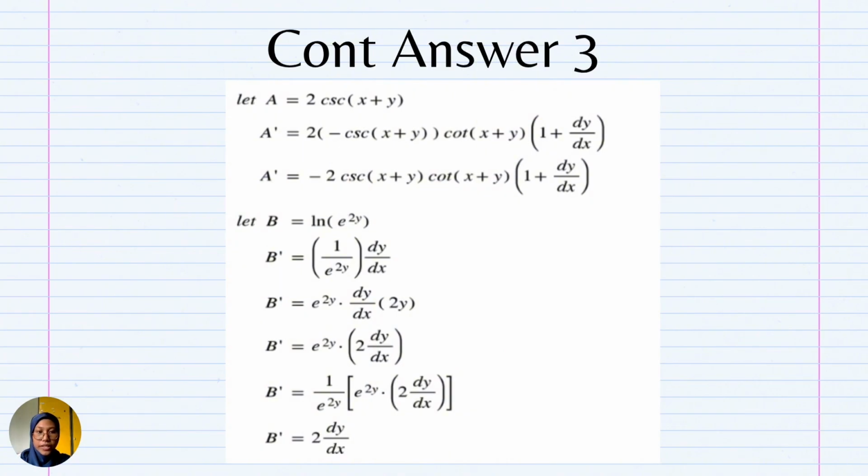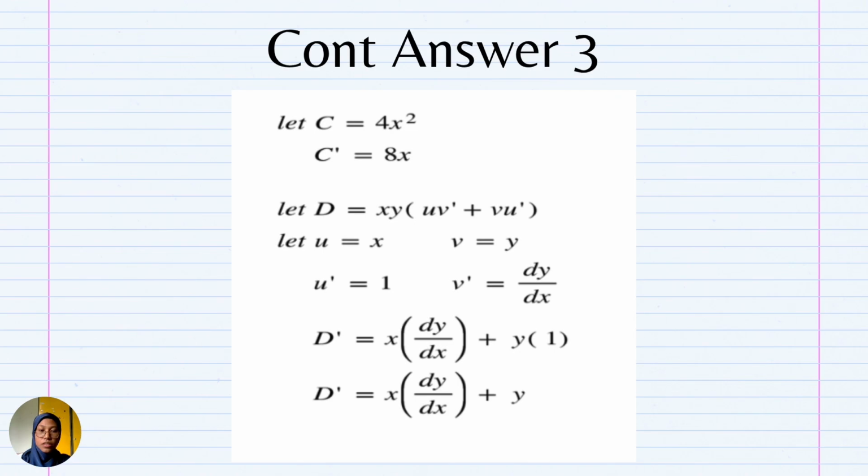Next, for let b, ln e to the power 2y, we simplify it into 2y, then the derivative becomes 2 dy over dx. For let c equal 4x squared, we use the power rule and get 8x.